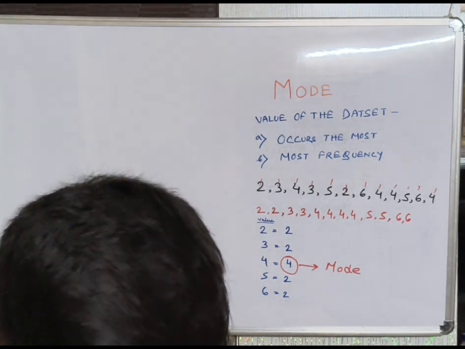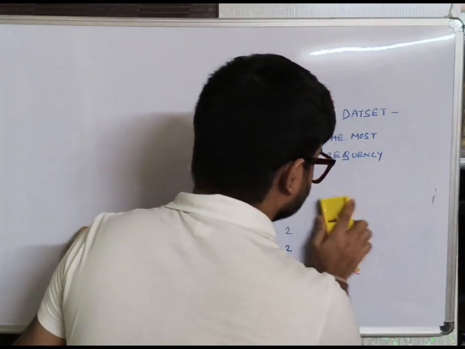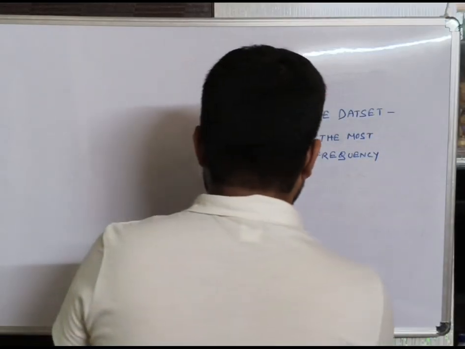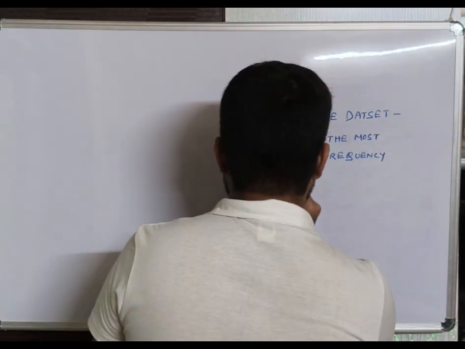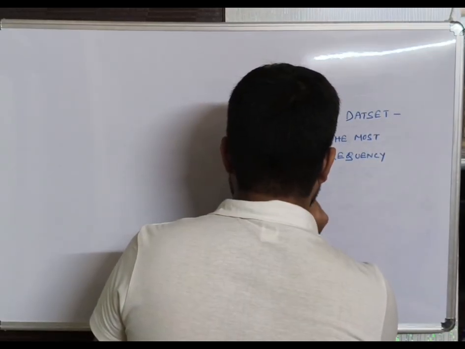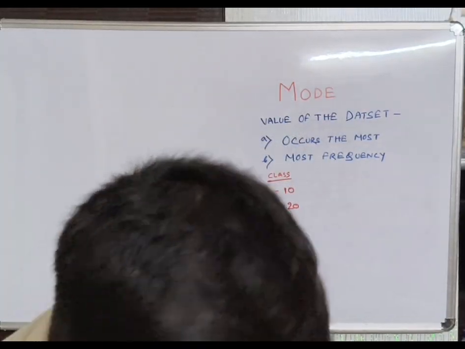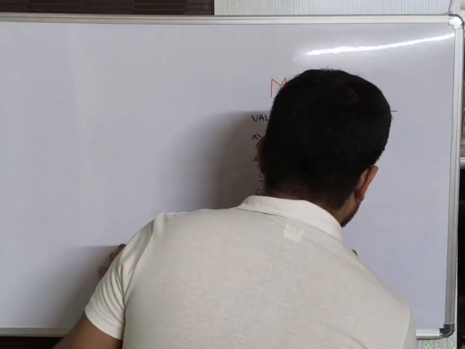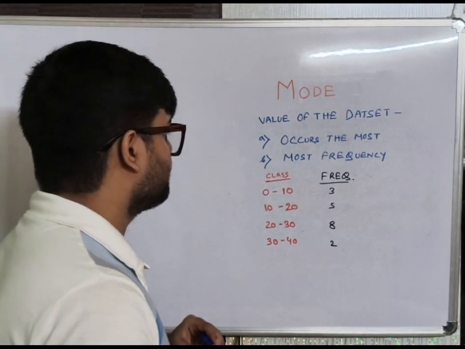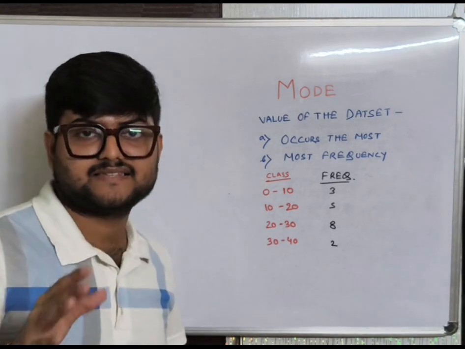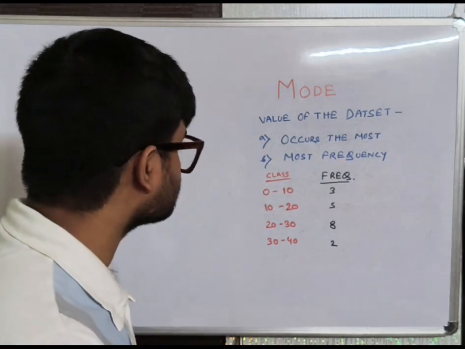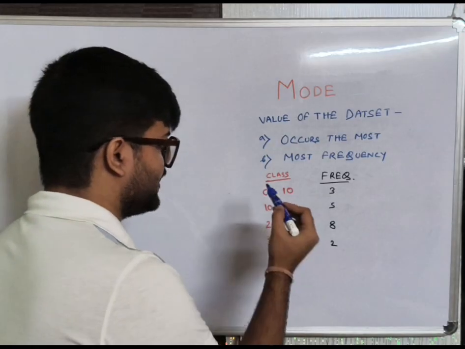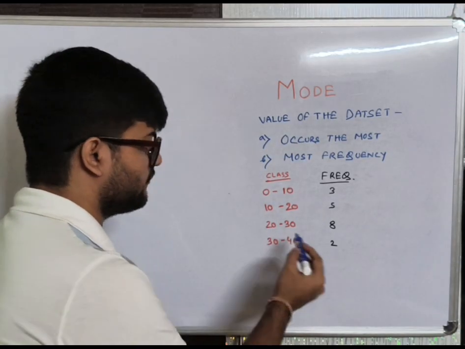Okay, on a different example, this time we'll have frequency. Let's say there are 4 classes of students. They have scored between 0 to 10, 10 to 20, 20 to 30, and 30 to 40.